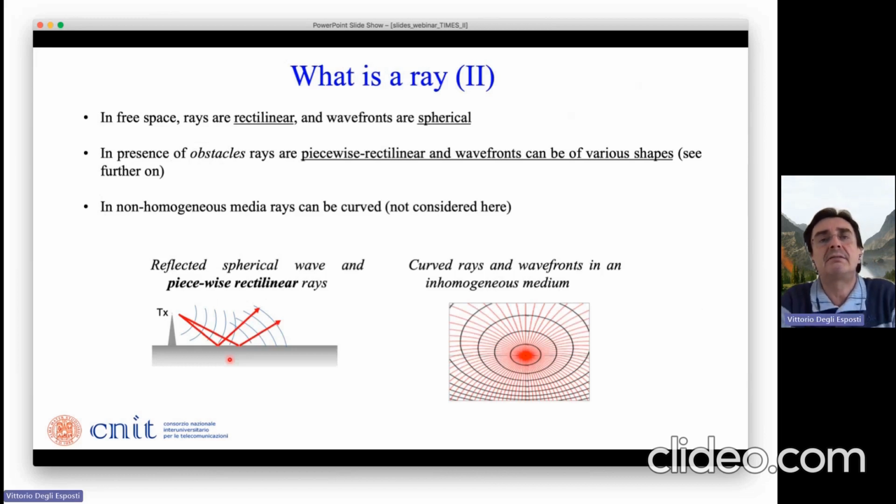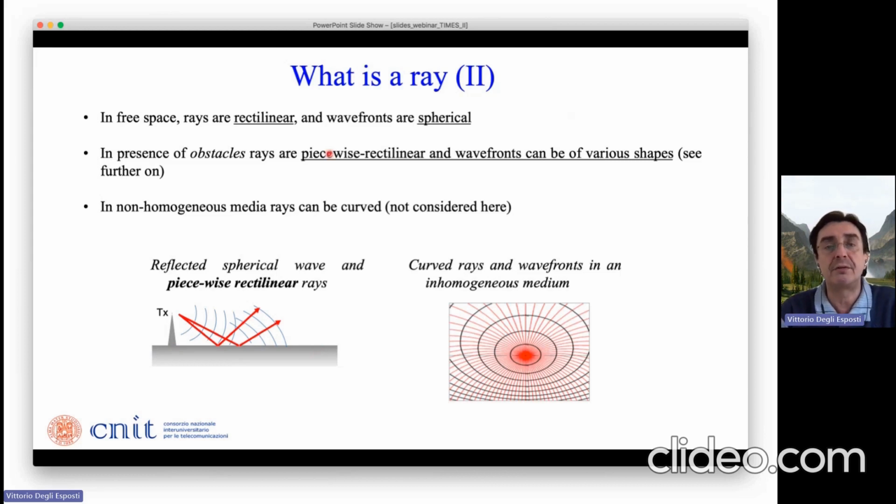In free space, rays are straight lines, are rectilinear, and wavefronts are spherical. In presence of obstacles, like in this case, where we have, for example, terrain, waves reflect and rays change direction.